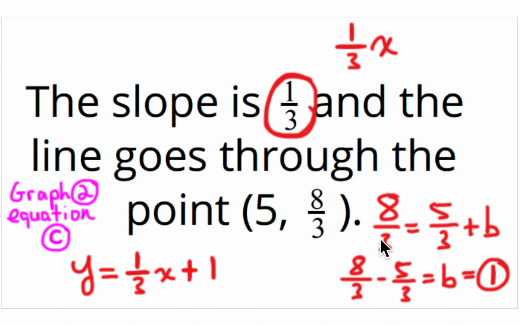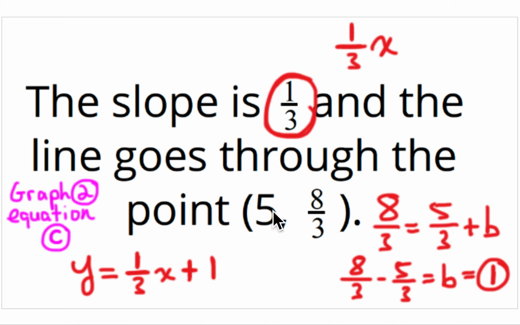And what you can do is plug in. It's giving you the value of y, which is 8/3, and that's equal to 5/3, which is the value of x, plus b. Now this 5/3 is 1/3 of 5.